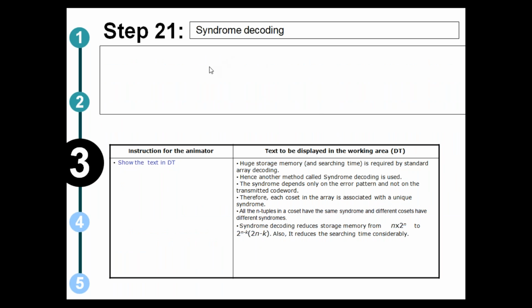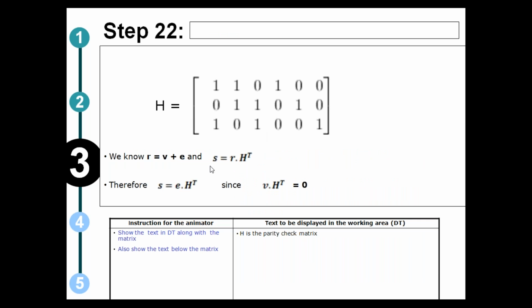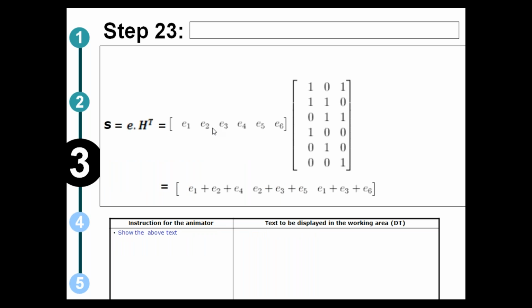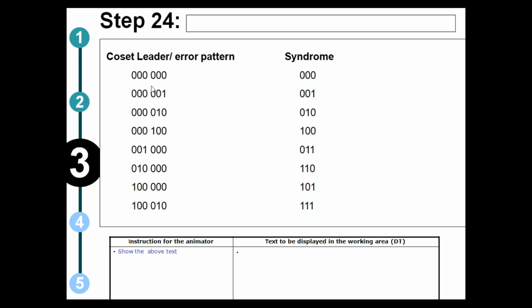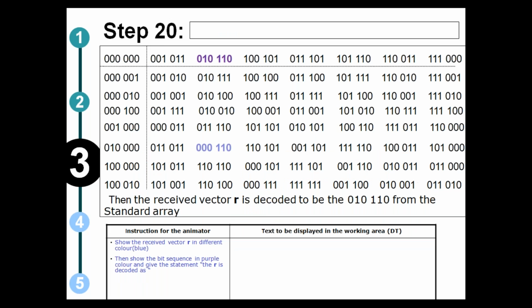Next, in this particular slide, we have already studied syndrome decoding. That is H. Then the syndrome vector is equal to E into H transpose. We have already seen this. And here one more point we can add.